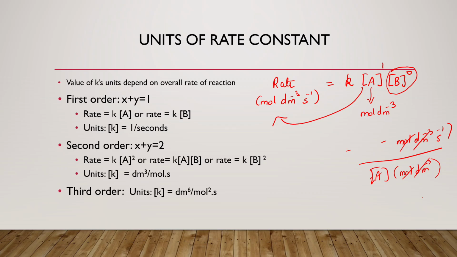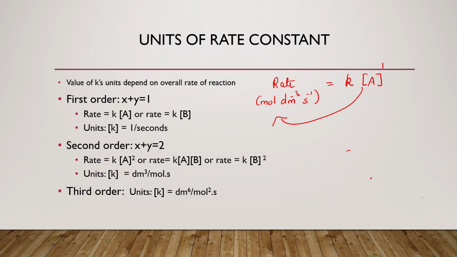Now let's imagine another scenario where the orders with respect to both A and B are 1. In such a scenario, we have a product of two molar concentrations. That would basically mean mol^2 dm^-6. And on this side, we still have mol dm^-3 s^-1.